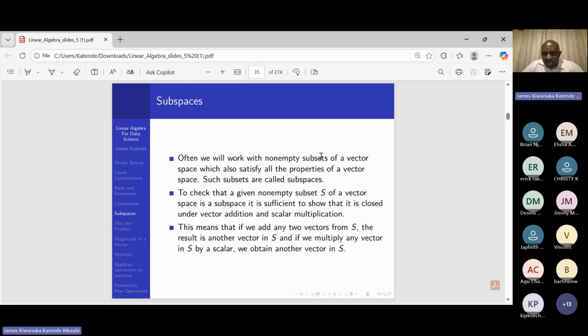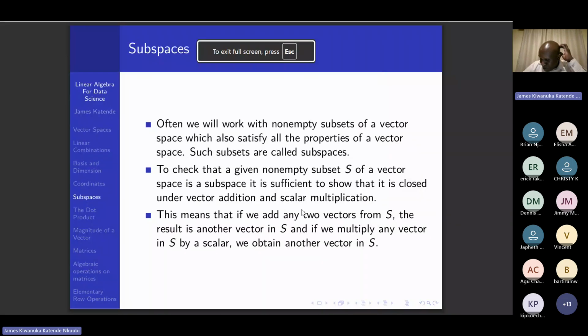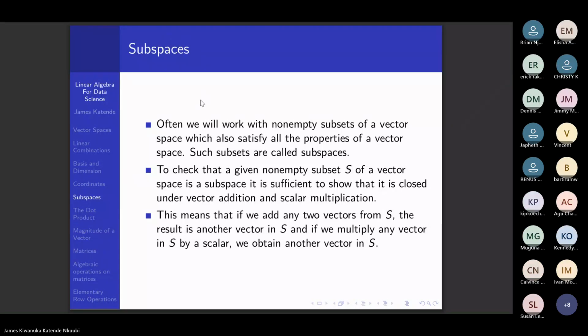So today we'll start this topic: subspaces. One thing you need to understand with this subject is everything builds up on the previous work. If you have not understood what we did previously, you will have trouble with subsequent topics.